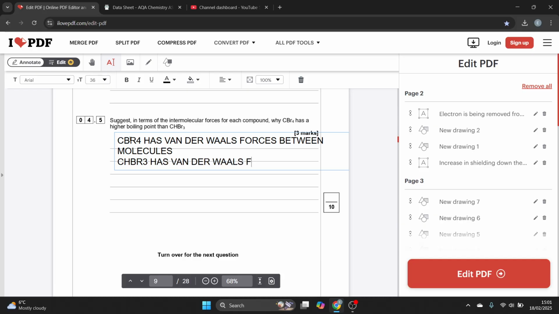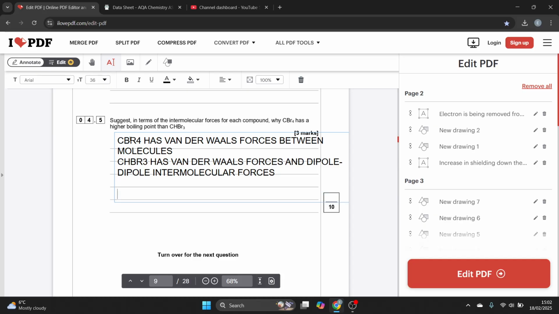It doesn't have hydrogen bonding. So what else does it have? It has dipole intermolecular forces. Perfect. And how do I know that? Because if you look at CHBr3, it's not completely symmetrical. So the dipoles do not cancel out. Therefore, it is unsymmetrical. Therefore, it does have dipole intermolecular forces.